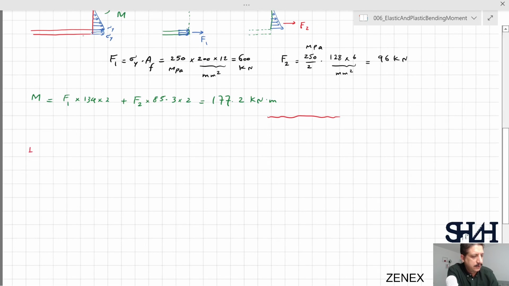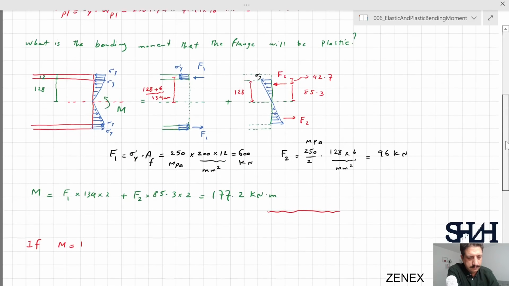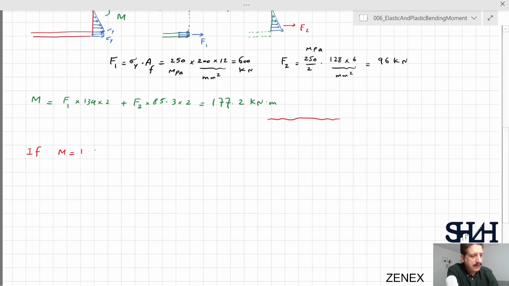Now, if M equals 180, what is the plastic depth of the cross section?